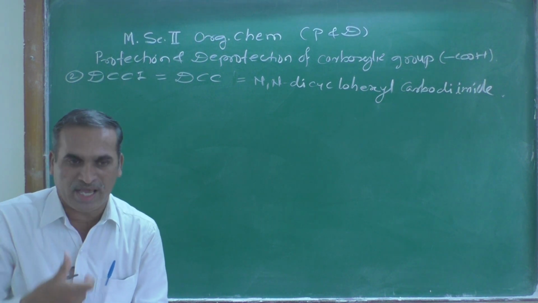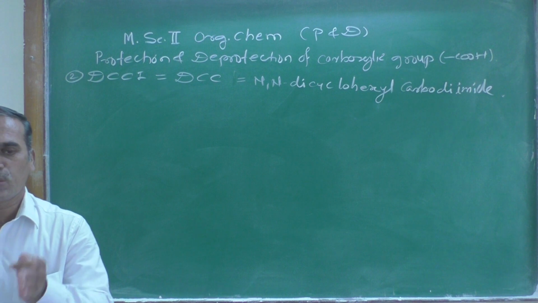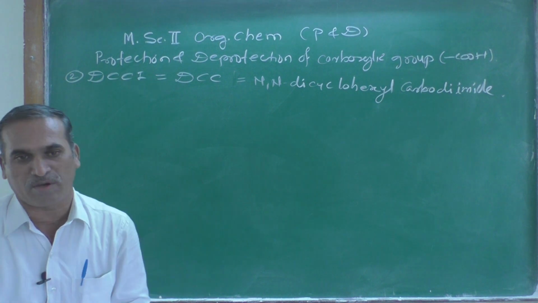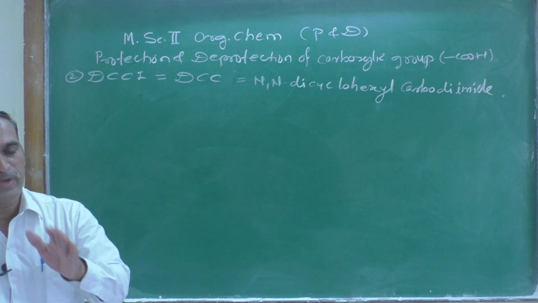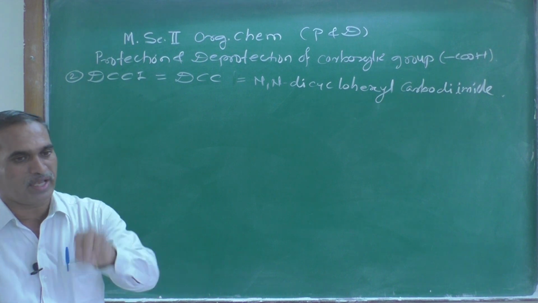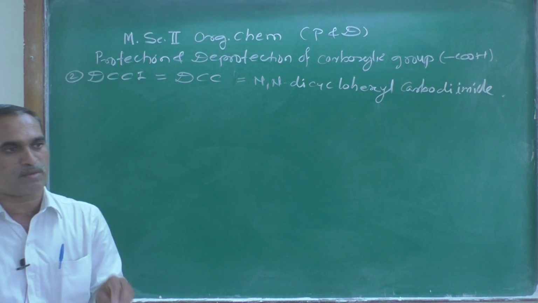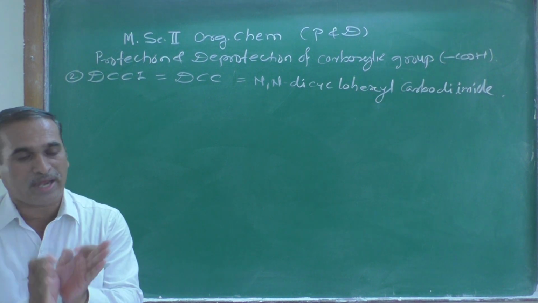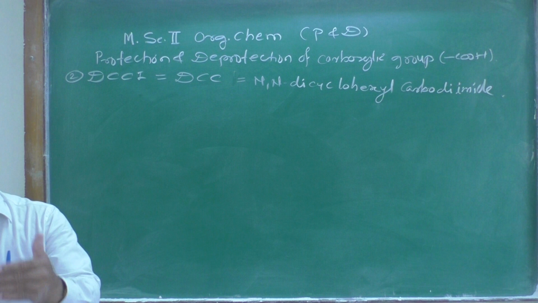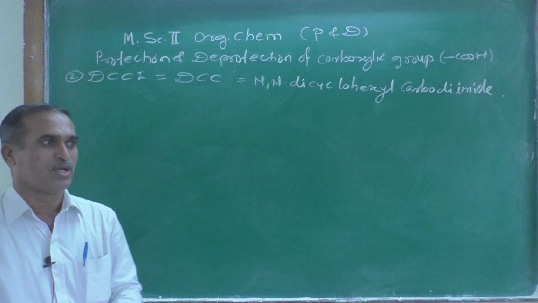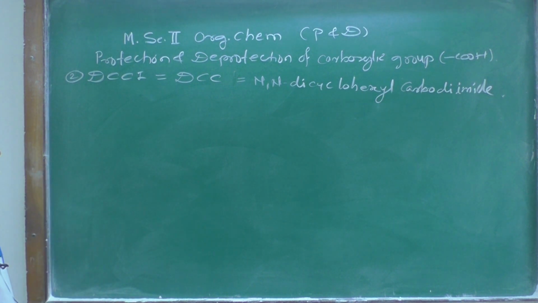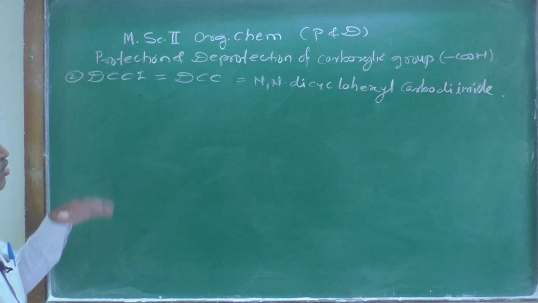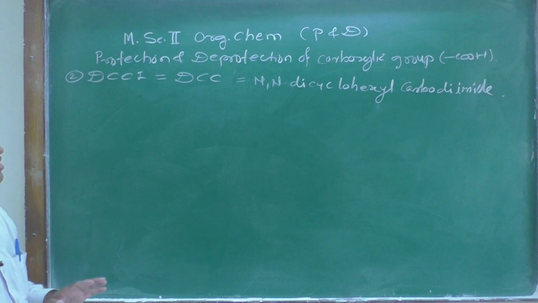It is an oxidizing reagent and it is used for the protection of the carboxylic group. When it is used for the protection of the carboxylic group, the reactivity or the activity of that acidic group is decreased due to that. Now this is an oxidizing reagent; how it gets oxidized during the reaction, we are going to learn.